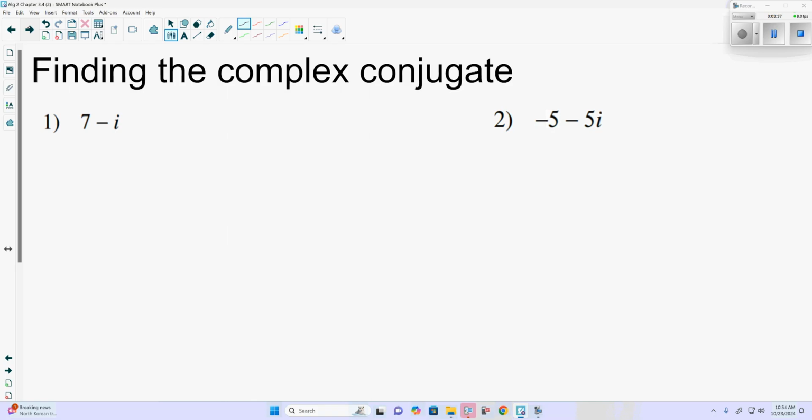Conjugate. I do not know. I'd have to look that up. Because complex conjugates, I have no idea what it means. Because I know what it means in terms of this. But that is a good question. The only thing I can think of is substitute.